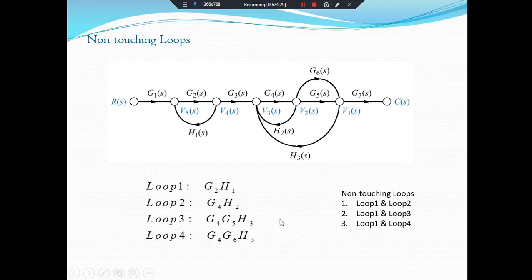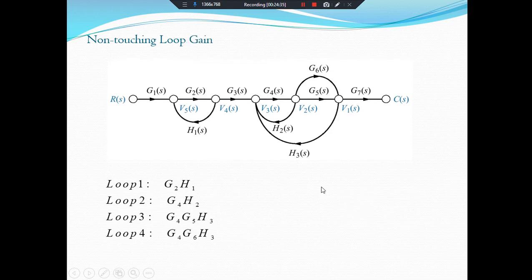And if we take four non-touching loops at a time, we take 1, 2, 3 and 4 together. So non-touching loop gains are the products of loop gains from non-touching loops taken two, three, four or more at a time, depending upon how many non-touching loops are present in the system.